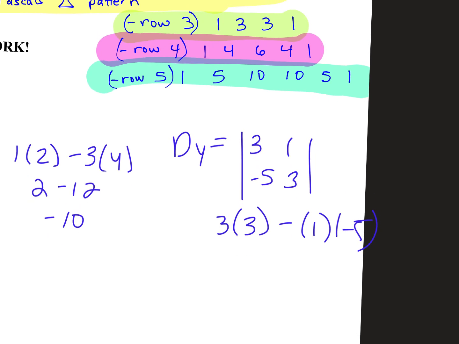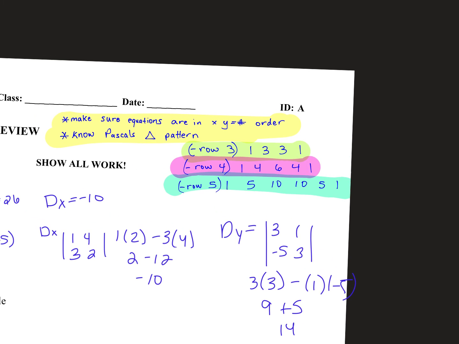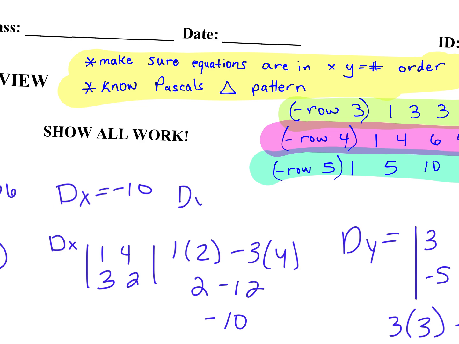What's 3 times 3? 9. Guys, 9 minus 1 times -5 is what? 9 plus, it's plus 5. So this is 14. So your d sub y is 14.